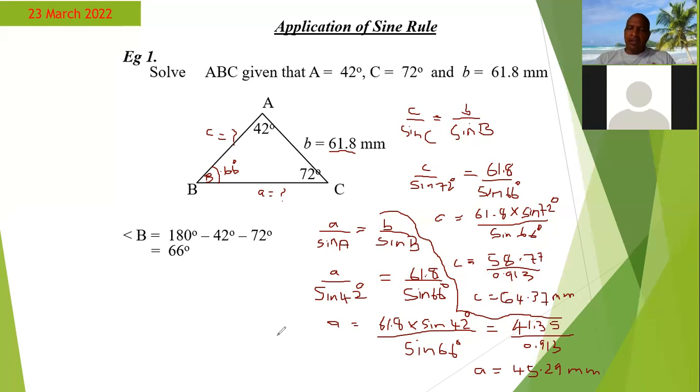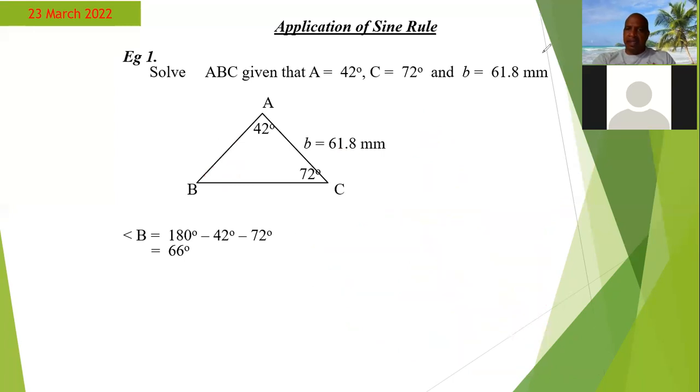All right, so I'm just going to clear what I have here, and then quickly go back through. We calculate the angle B by adding up the two angles in the triangle and subtracting them from 180, and we get B to be 66.